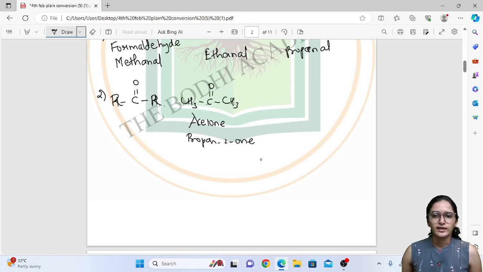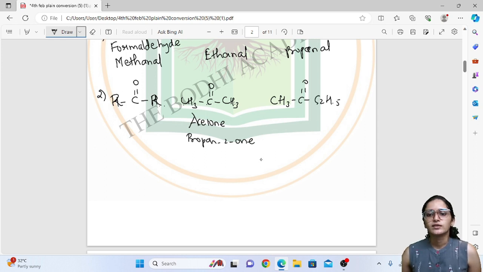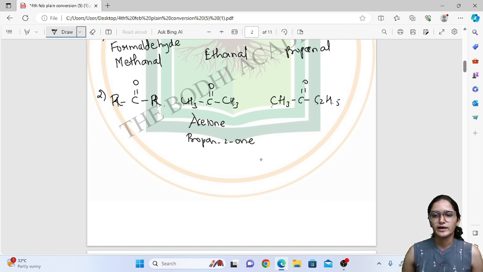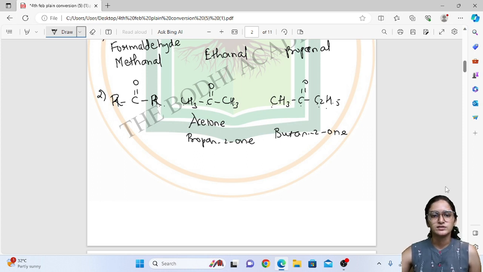Then if I take CH3 C double bond O C2H5, that is CH2CH3, how many total carbons are there? 1, 2, 3, 4. Four carbons, but at the second carbon we have the ketonic group, so the name will be butan-2-one. This is the IUPAC name of this compound.